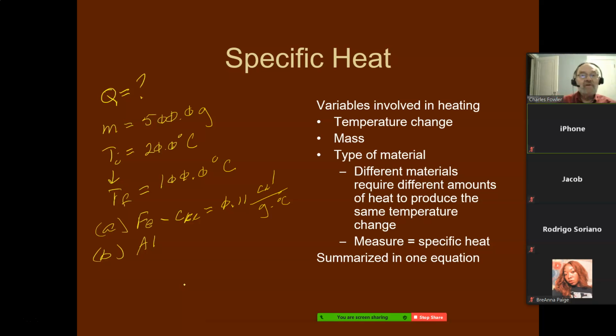Okay, water. Water has one of the highest specific heats of any substance on the planet. It takes 1 calorie of heat to raise 1 gram of water 1 degree Celsius. It takes a fraction of that for just about anything else.